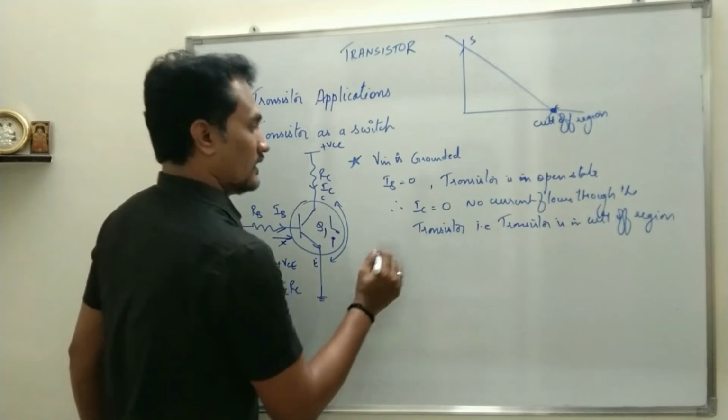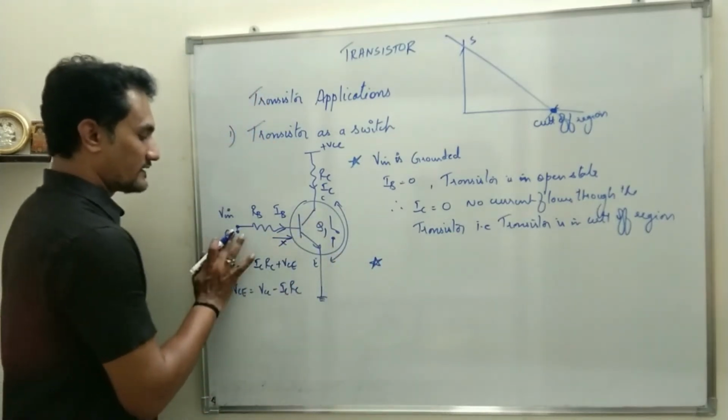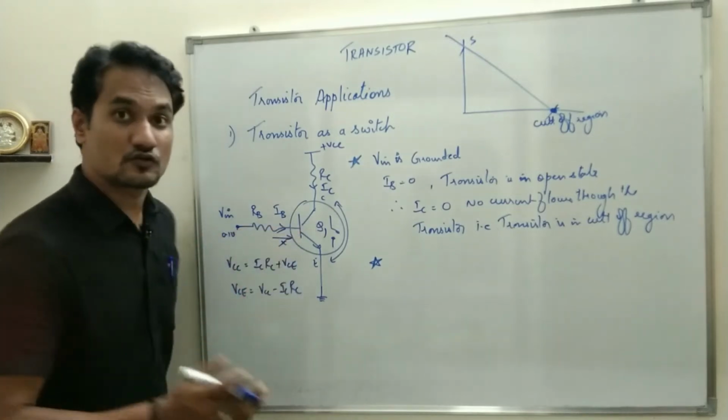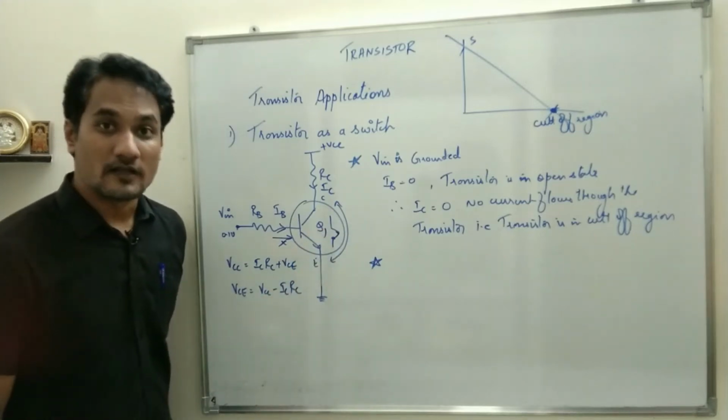Okay, second case. Now in second case what happens is, for example, even if you apply 0.1 volt, the transistor should be directly driven into saturation region. It should work as on switch.